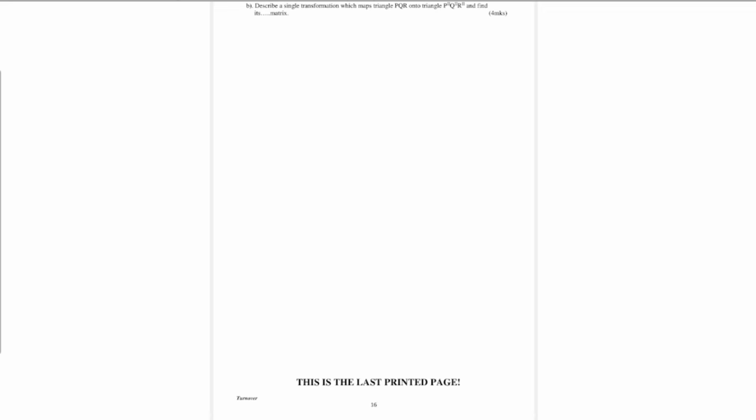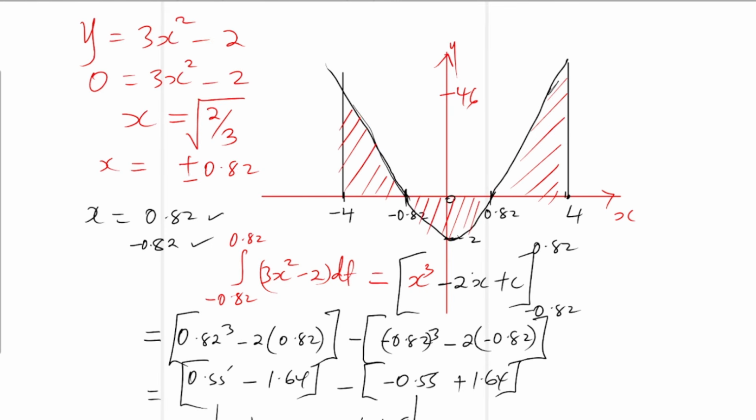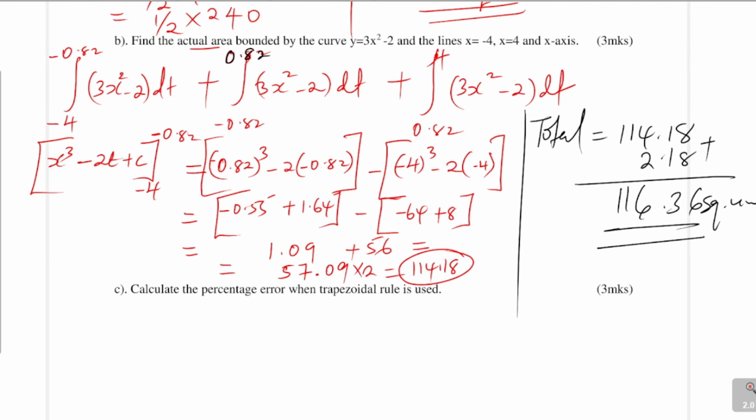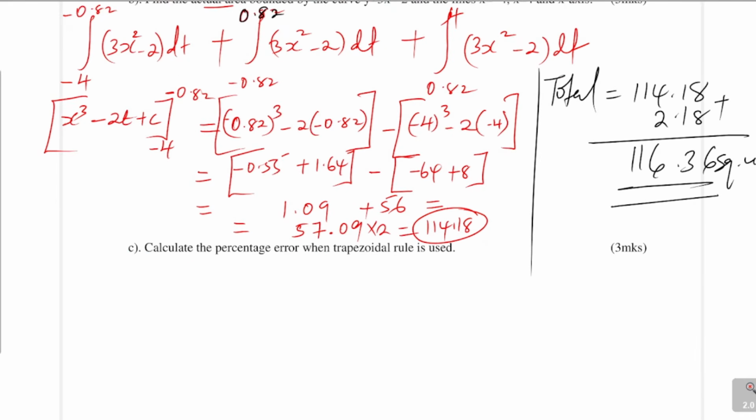Now we can proceed to the other part. The last part is to calculate the percentage error when using the trapezoidal rule. With the trapezoidal rule, we got 120, and using integration, the actual area is 116.